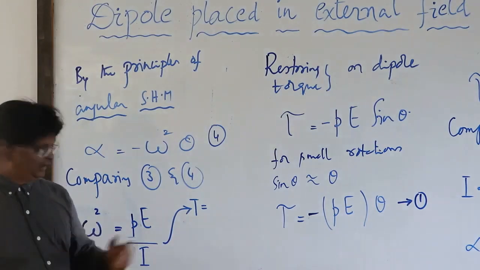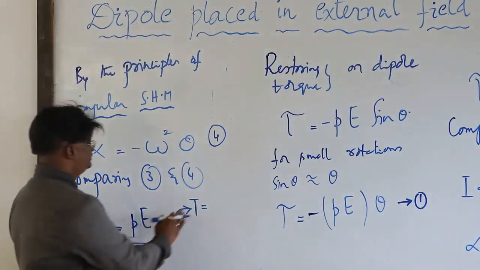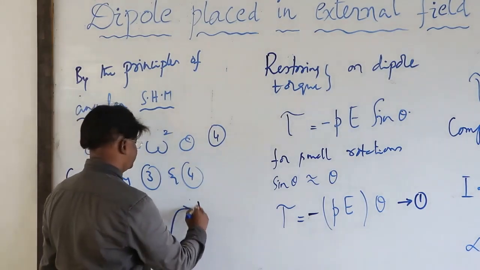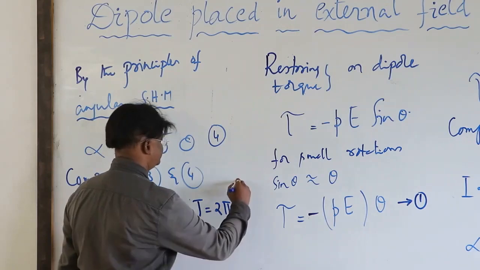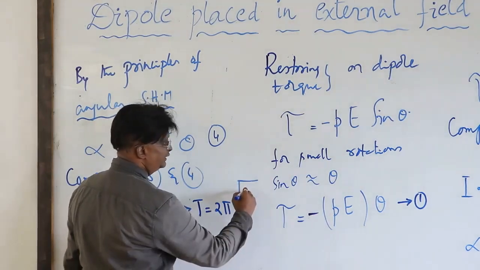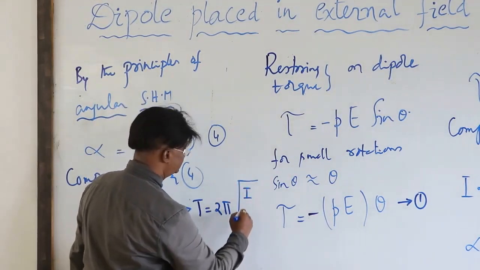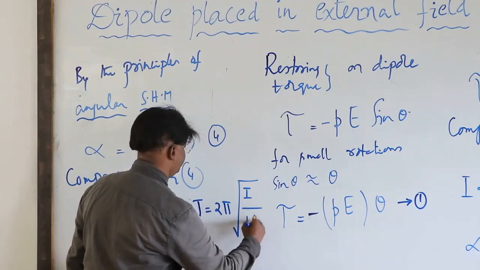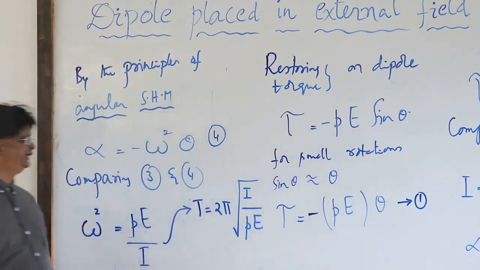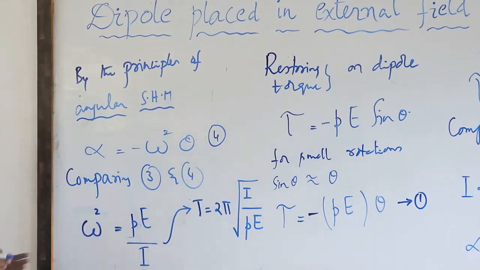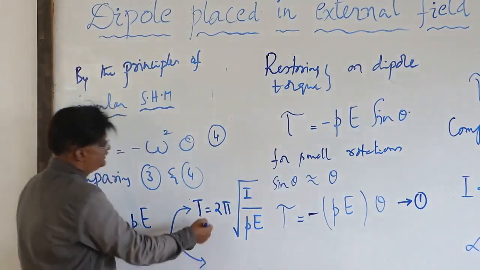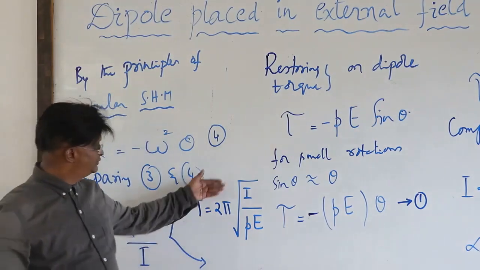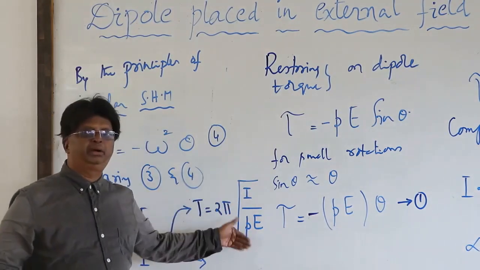You write that, and I am writing the final answer. The time period capital T is equal to 2 pi times root of capital I by PE. This is the expression for time period. If you take the reciprocal, you will get the expression for frequency. f equal to 1 by 2 pi root of PE by I.